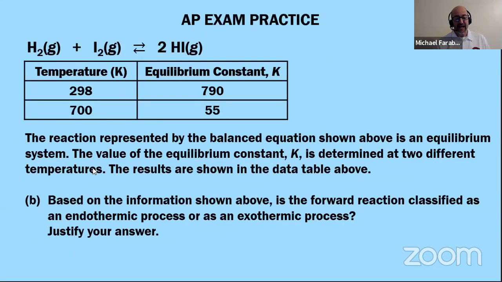Then, related to HI, we have a chemical equilibrium involving HI, and the reaction has an equilibrium constant of 790 at 298 Kelvin and 55 at 700 Kelvin. So based on the information shown above, is the forward reaction from left to right classified as an endothermic process or as an exothermic process?